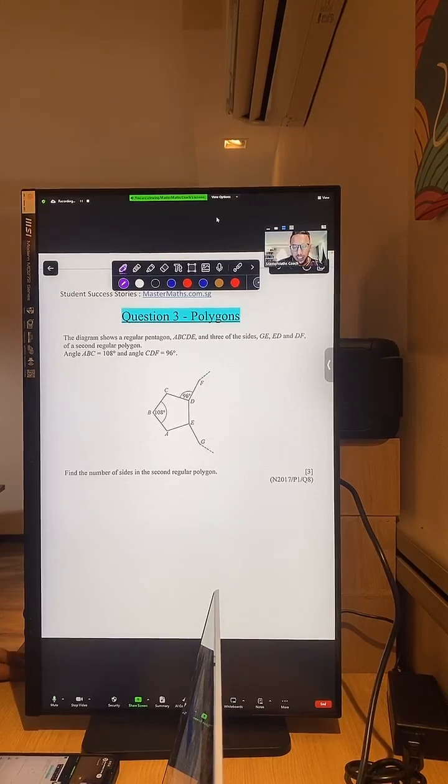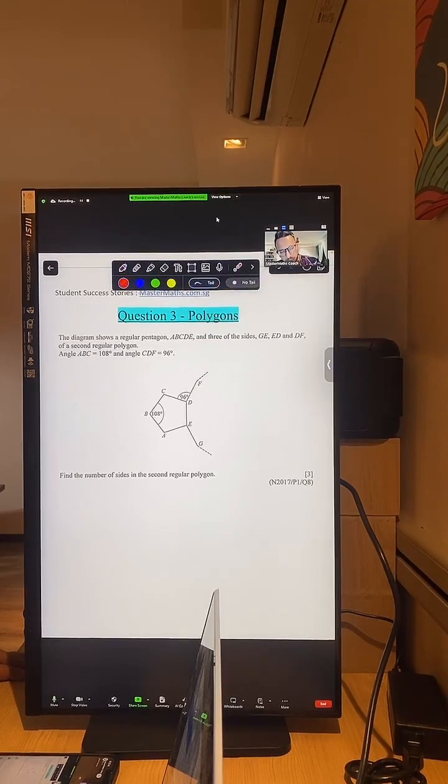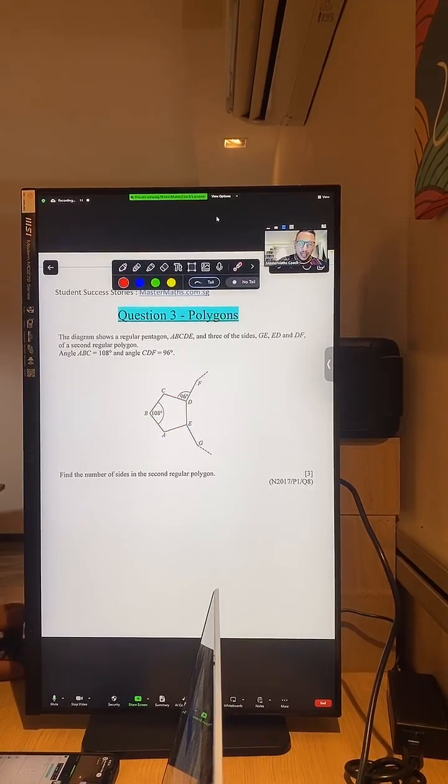Okay. The diagram shows a regular pentagon ABCDE. So this is the regular pentagon here. A pentagon is a 5-sided figure. Thank you to all those who are liking my video. And then they say that 3 of the sides, GE, where is GE?